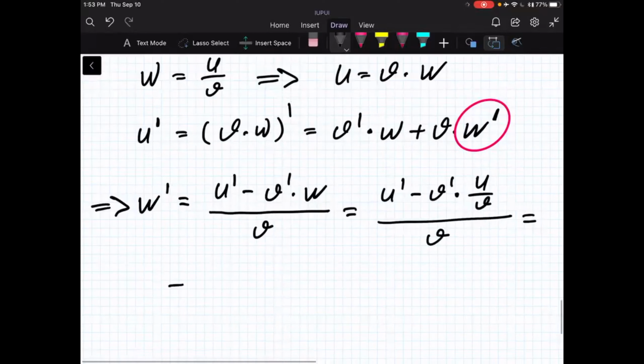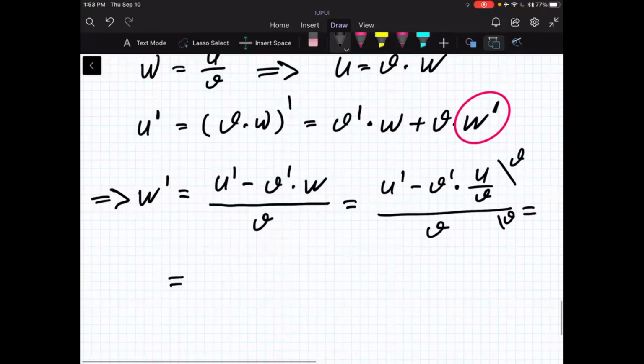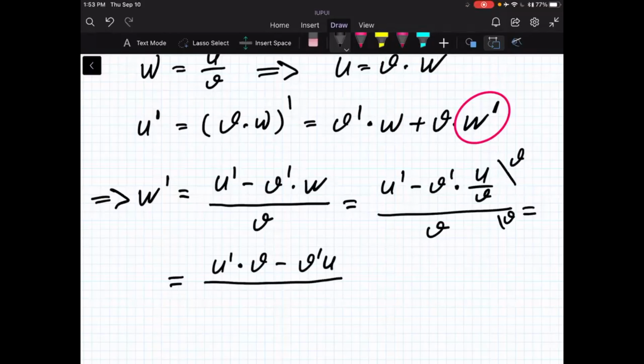But then let's multiply numerator and denominator by v, to get rid of one fraction in the numerator, and then I'll get u prime times v minus v prime times u, divided by v squared, and that's what I wanted.